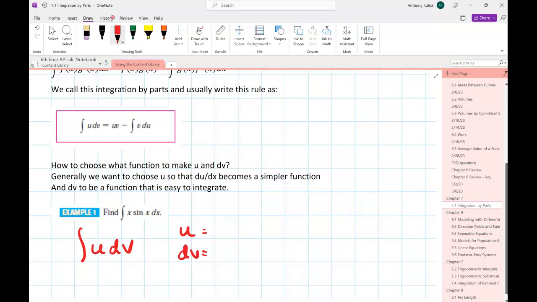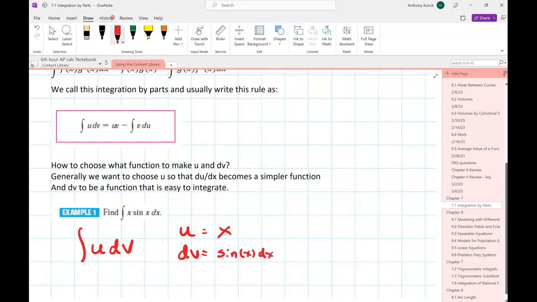Now, according to our rules, what should we pick to be u? I would pick x, right? Because when I take the derivative of x, I get 1. Doesn't get a lot simpler than that, right? So dv is going to be sine x dx.